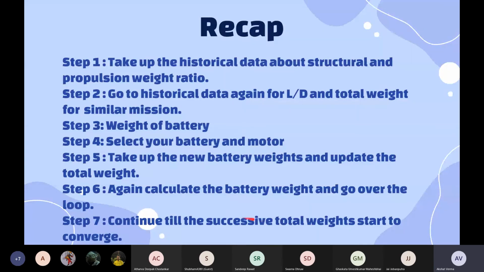So we keep iterating this process up to a point when the successive total weights which we obtain in our iterations have a difference of less than a threshold value, which we can decide. Like we can say that we will stop the iteration when successive total weights have a difference of 0.0001 newtons approximately, or something like that.